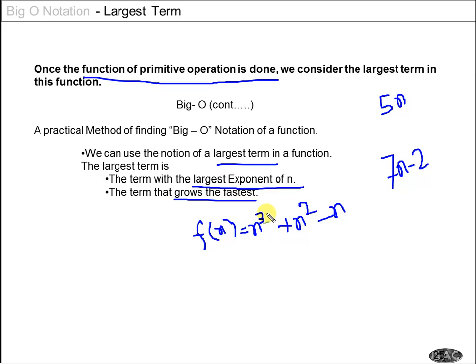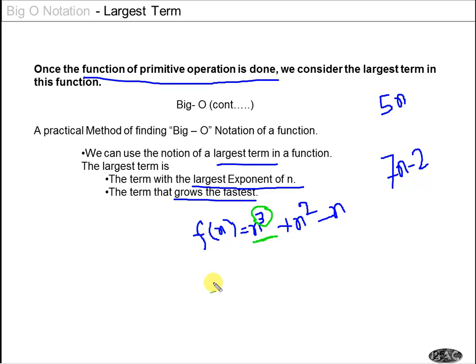It is 3, right? And which term grows the fastest? It is n cube. When you increase n, this term will be growing at the fastest rate. And this is called the largest term in a function.